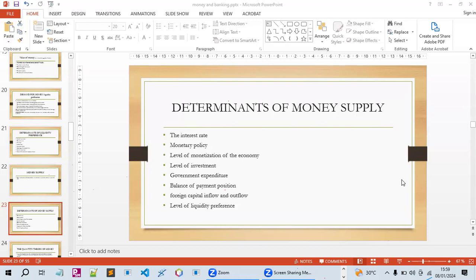Can you hear me? Yes. The roles of money in an economy. It encourages specialization. It promotes commercial production. It promotes the development of credit markets for borrowing and lending. And then it promotes savings.